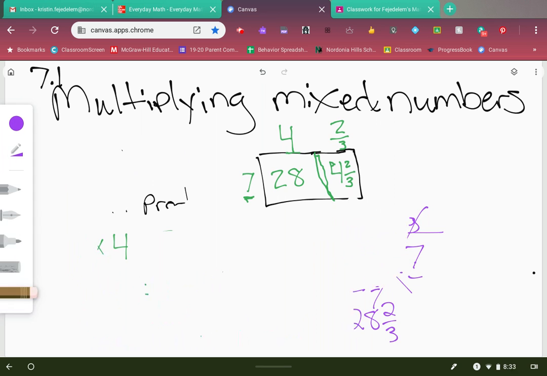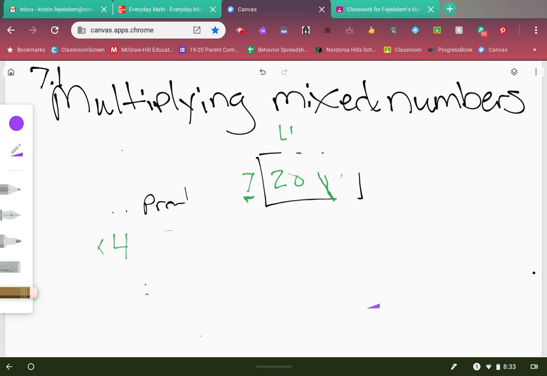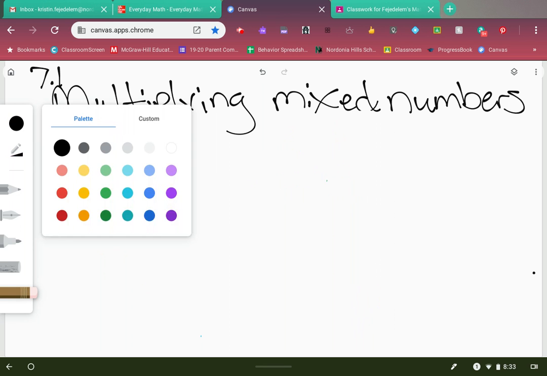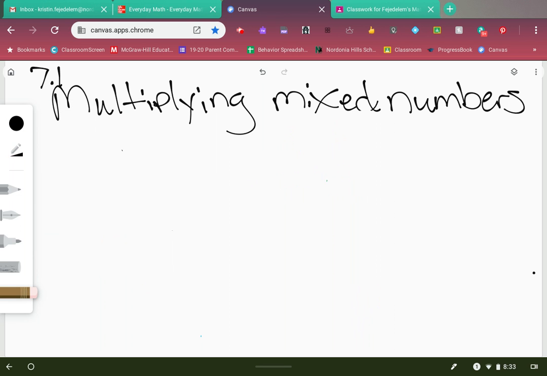So that's going to look a little bit different, because now we have 4 things to multiply together instead of just 2. So we have, let's do 1 3/4 times 2 1/3.